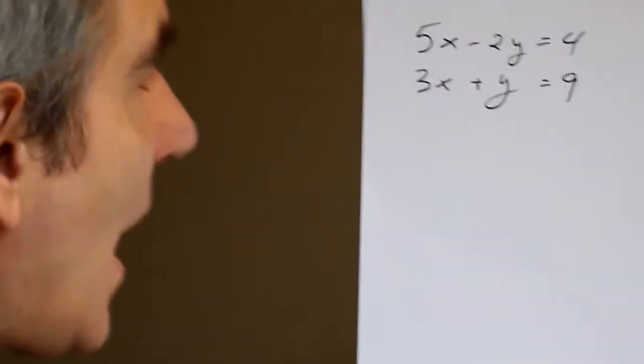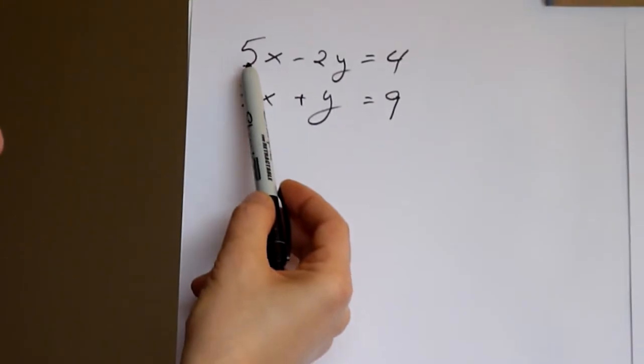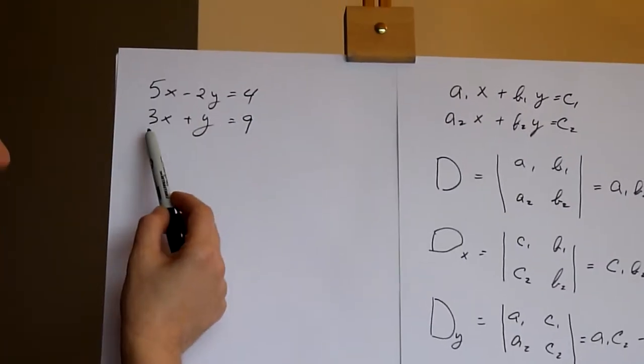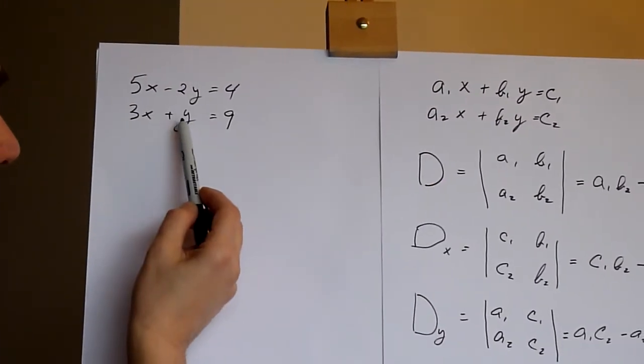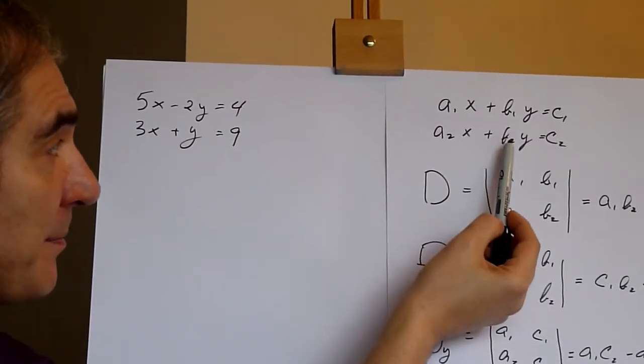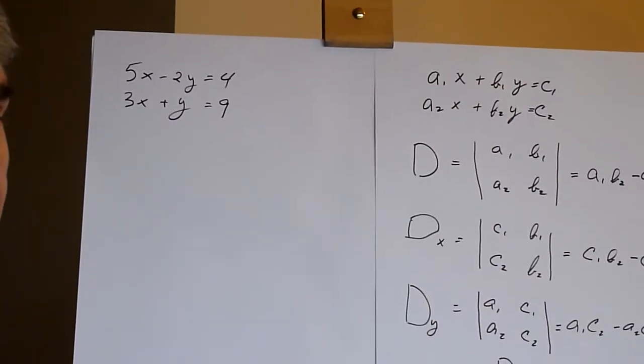So you can see 5 would be A1, negative 2 would be B1, 4 would be C1, 3 would be A2, 1 is the coefficient on this y, because there's one of them, would be B2, and 9 would be C2.